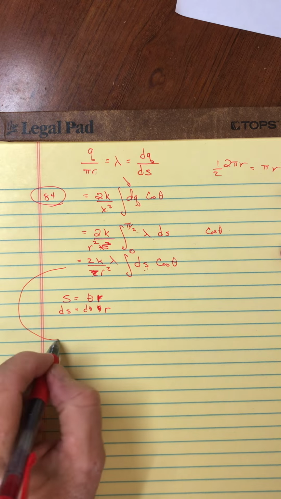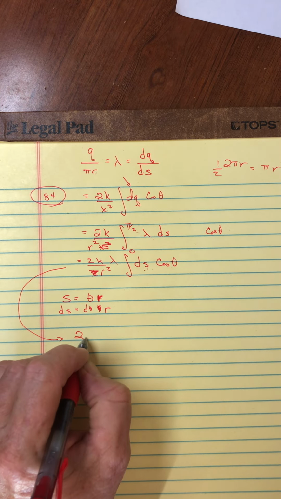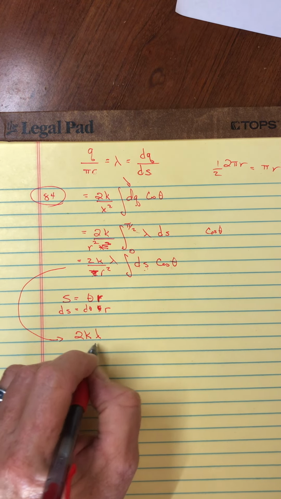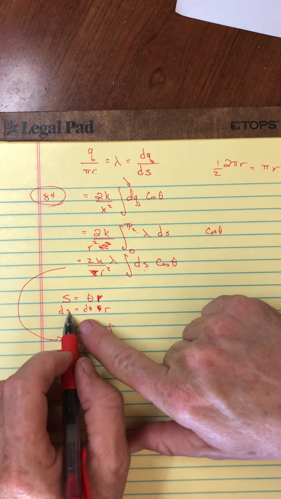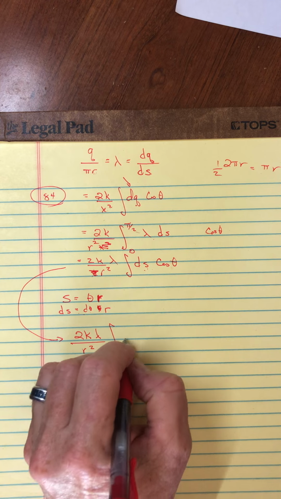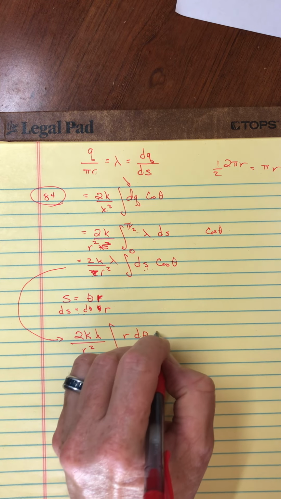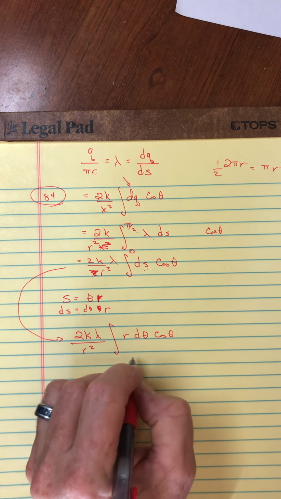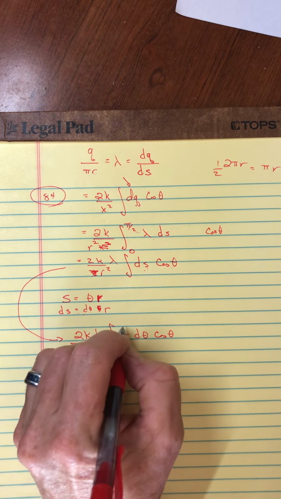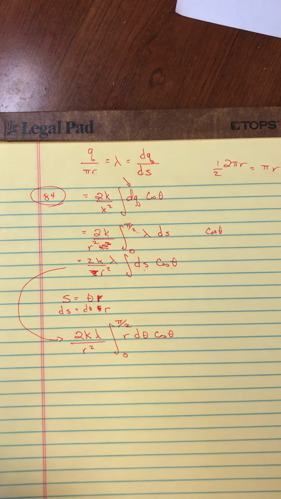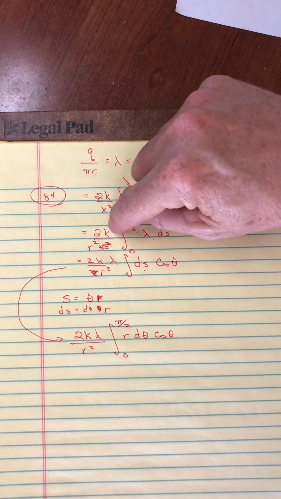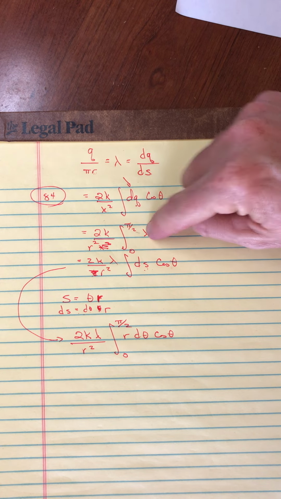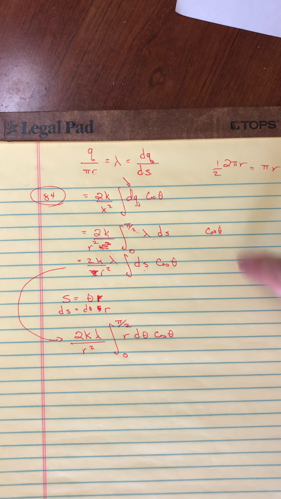So, putting that into this problem, I've got 2 times k times lambda over r squared. And then I'm going to integrate this ds, which I'm going to write as r d theta cosine theta evaluated from 0 to pi over 2. And so you can see that really the only step I did right here was to factor this lambda out.